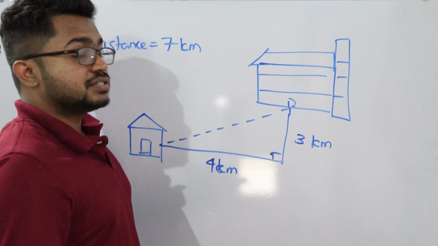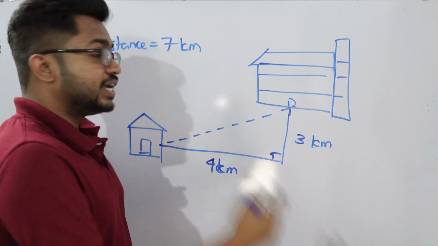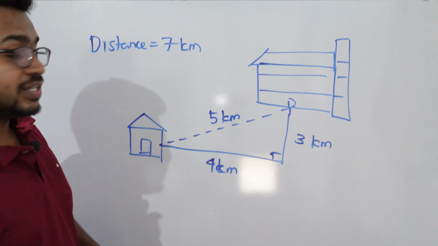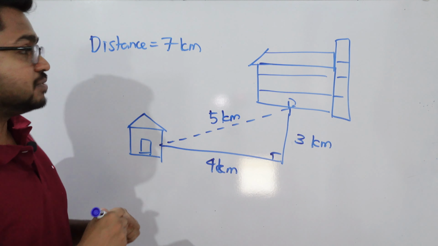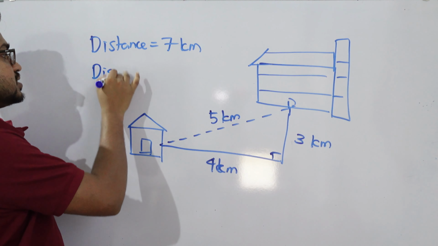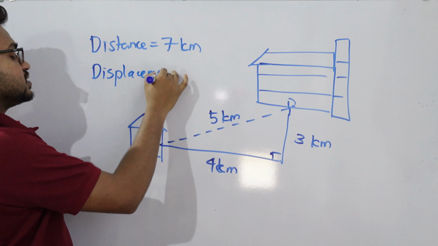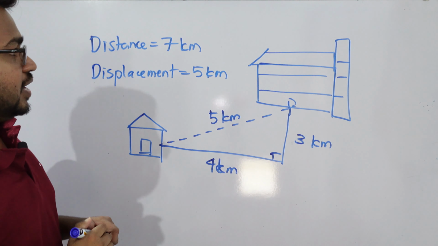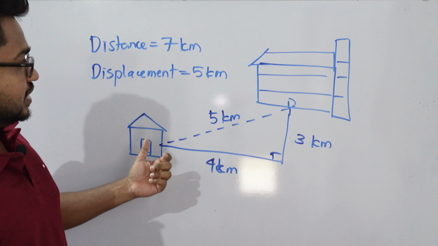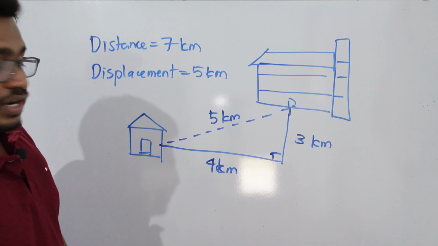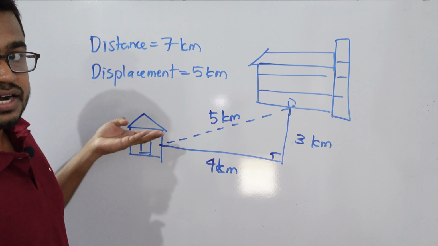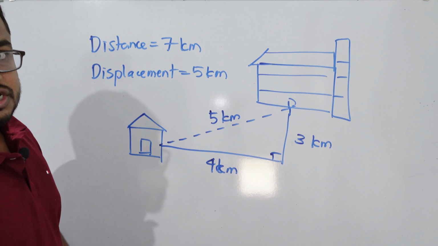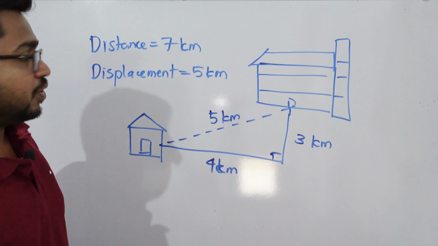If you use the Pythagoras theorem, which I am not going to show here, you will get this distance as 5. So the displacement that Tom makes is 5 kilometers. The displacement seems shorter. Once again, distance is the length of the path taken, and displacement is the shortest distance between the starting point and the end point.